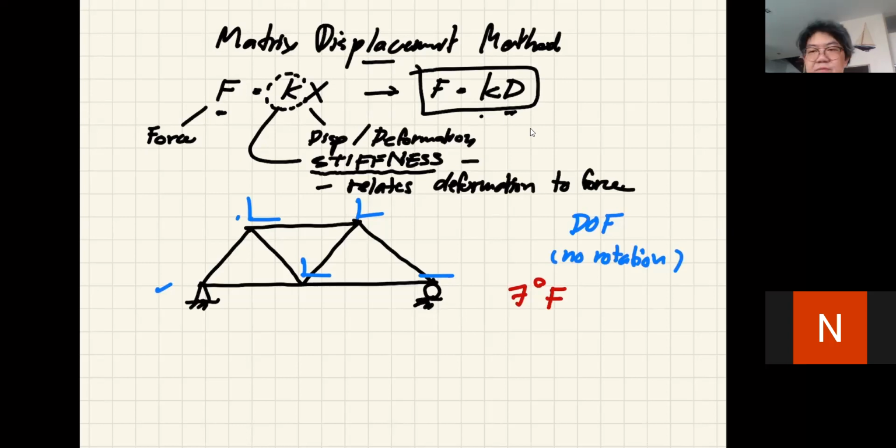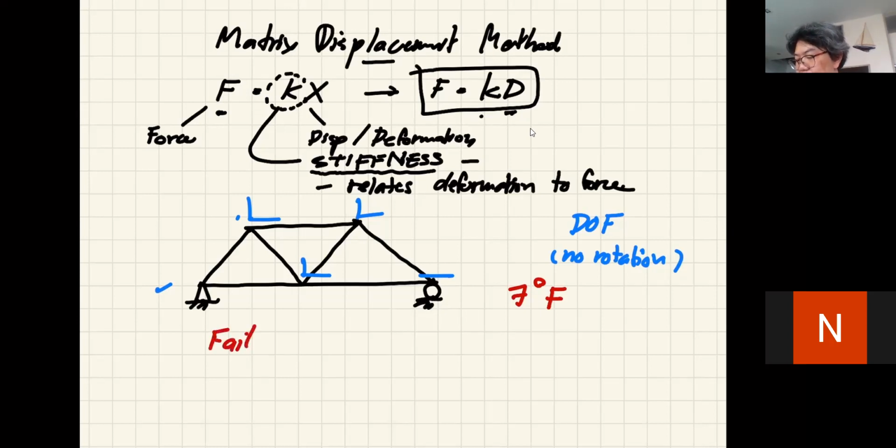So we need to identify degree of freedom before we solve any problem. Ladies and gentlemen, failure to identify degree of freedom means that you don't know what structure you're dealing with. You don't talk to your structure. And when you don't talk to your structure, you get 0.